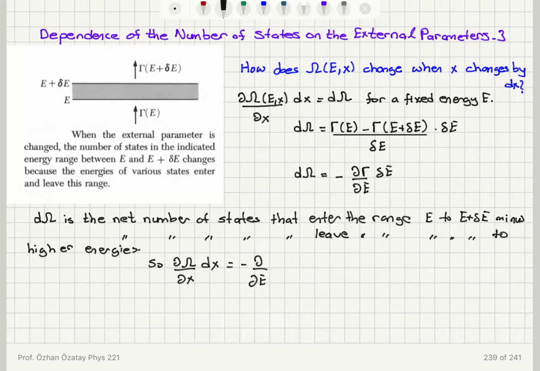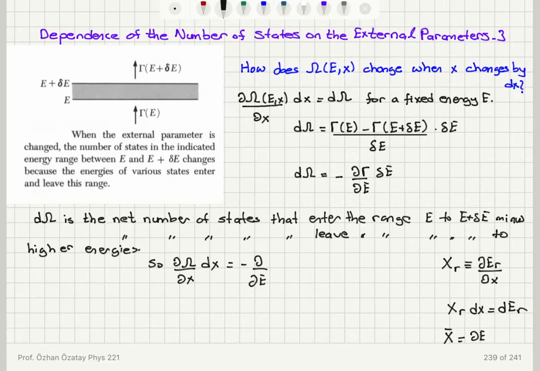So let me remind you a few things here. One is that we have defined X r to be the derivative of E r with respect to our external parameter x, so that X r dx gives you the change in the energy level for state r. And then we have the average value of X, which is done over all states.